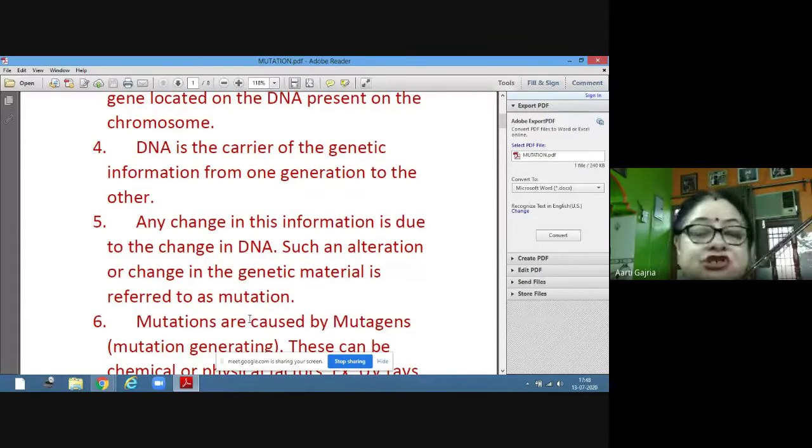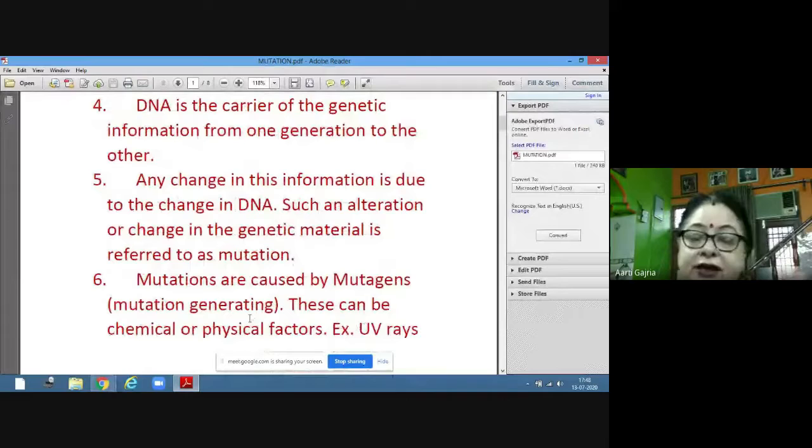These mutations are caused by mutagens. Mutagens are the chemical or physical factors which can generate mutation. So, these are the chemicals or the physical factors such as ionizing rays or non-ionizing rays, for example, ultraviolet rays. So these are the factors which can generate the mutation.